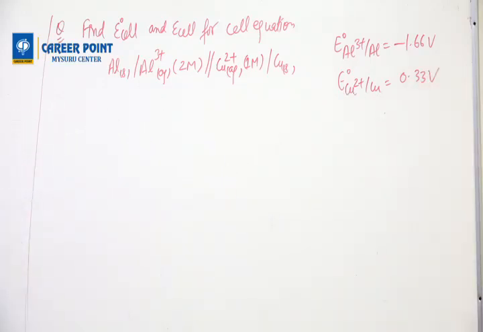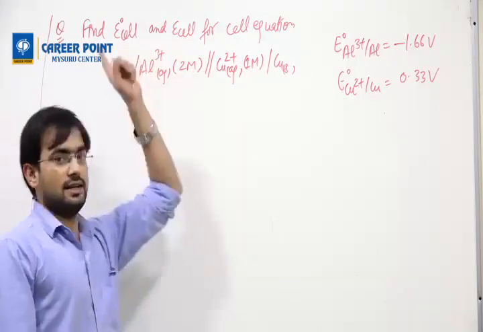You get 3 minutes to do it. You need to find E naught cell and E cell.